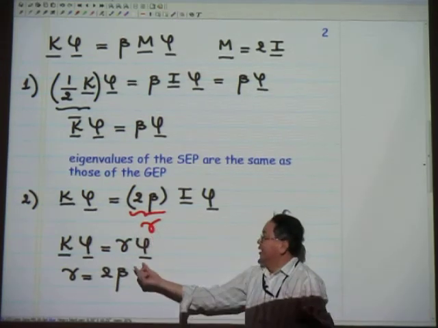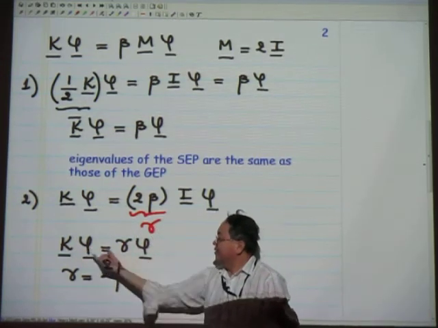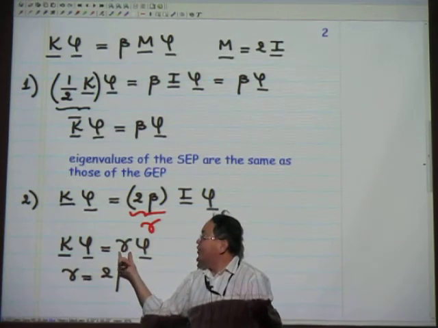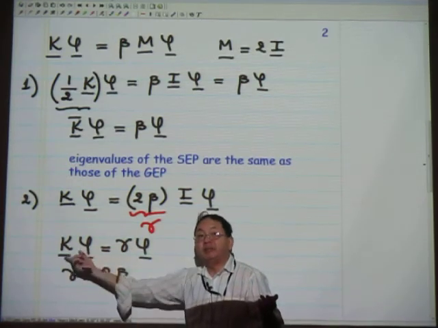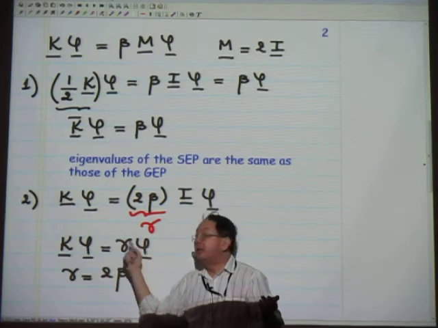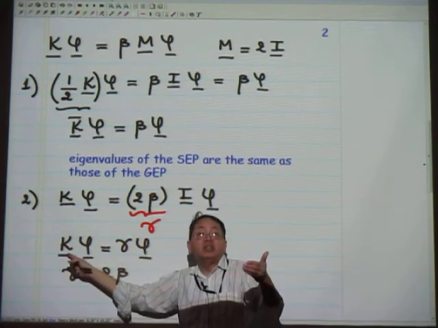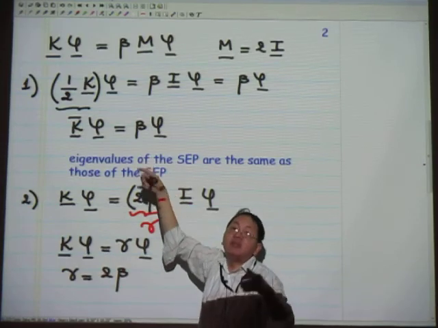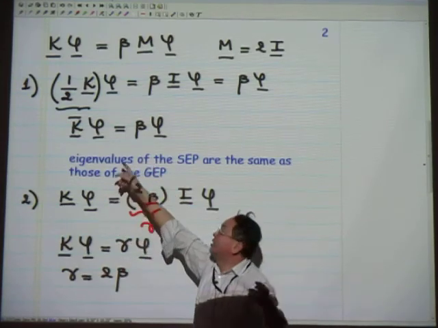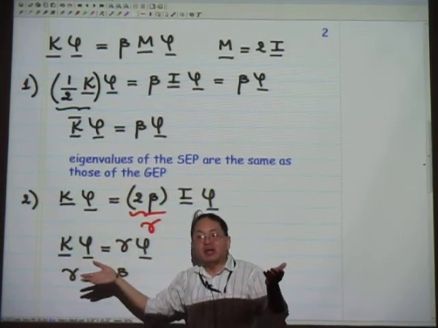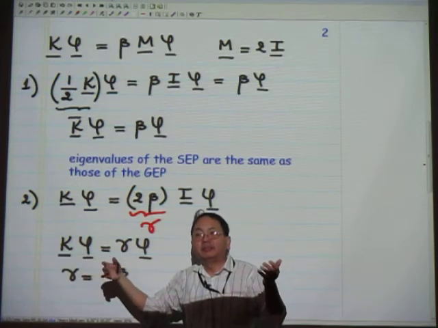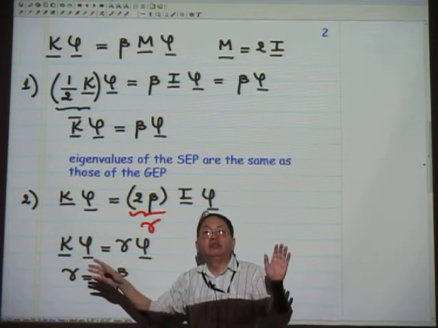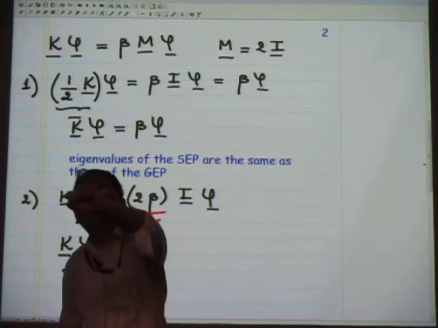Gamma are the eigenvalues of a standard eigenvalue problem, but for the same original matrix K. Whereas in method 1, you have a new matrix, which is 1/2 of the original matrix K. You see the similarity and the difference?